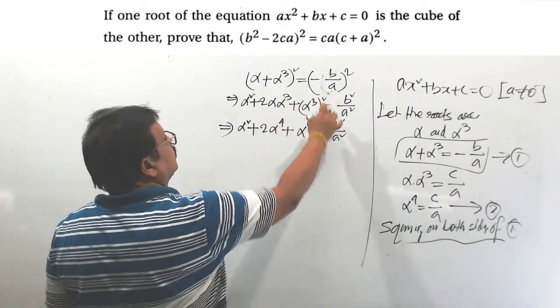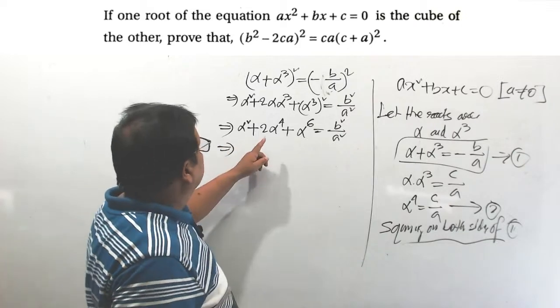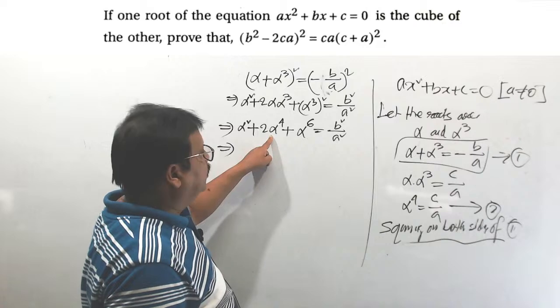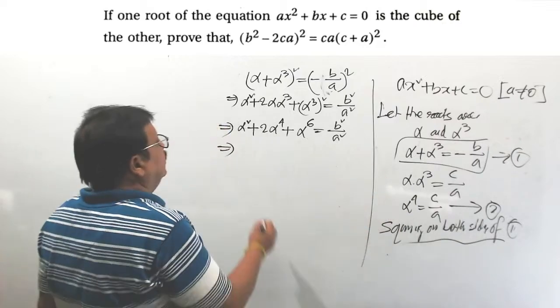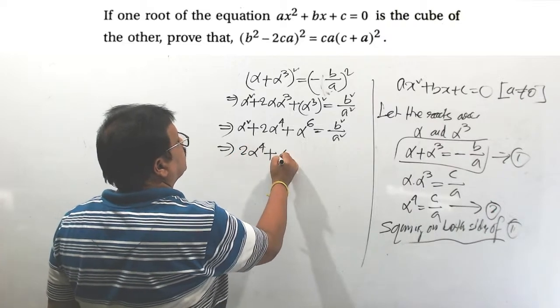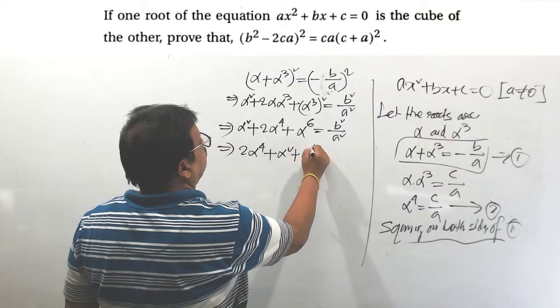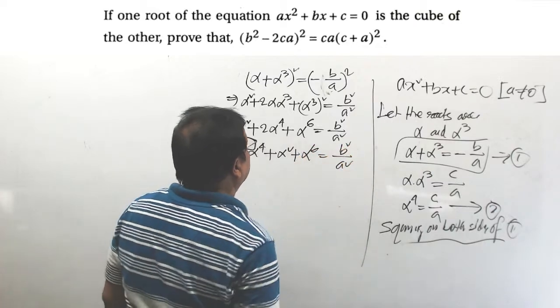Now 2 alpha to the power 4, yes, you could put that. Now alpha square plus alpha to the power 6 is equal to b square by a square.